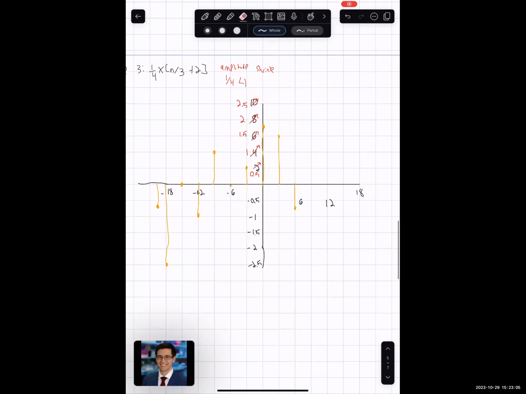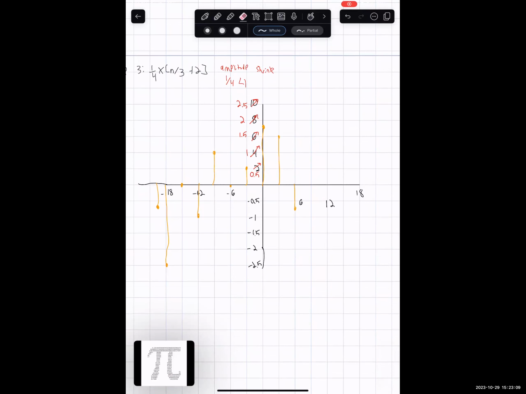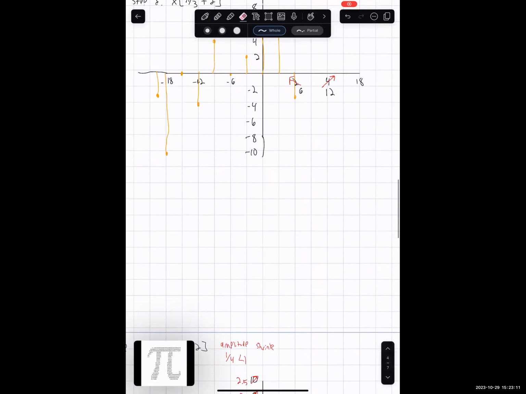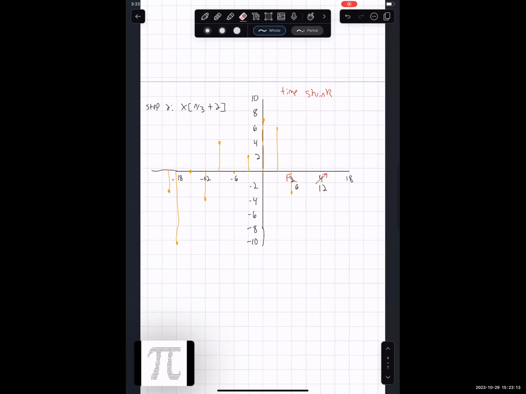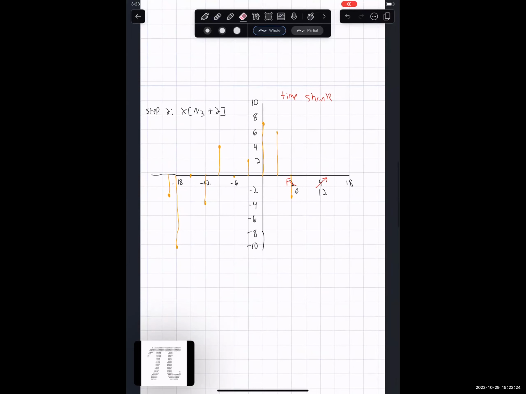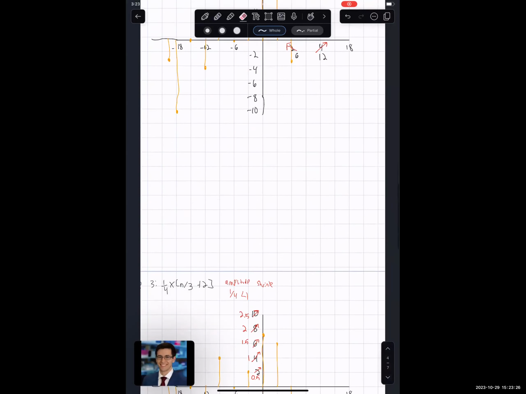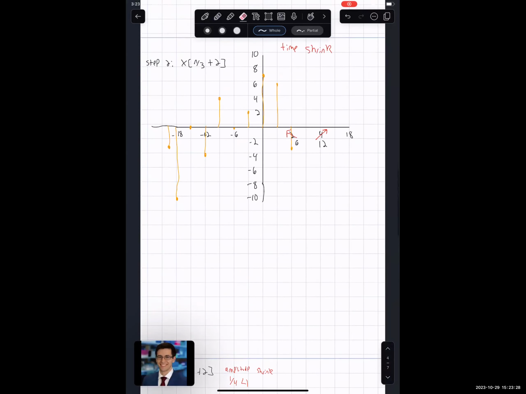Let me check the key real quick. Step 2, are you concerned about the y-axis or the x-axis?